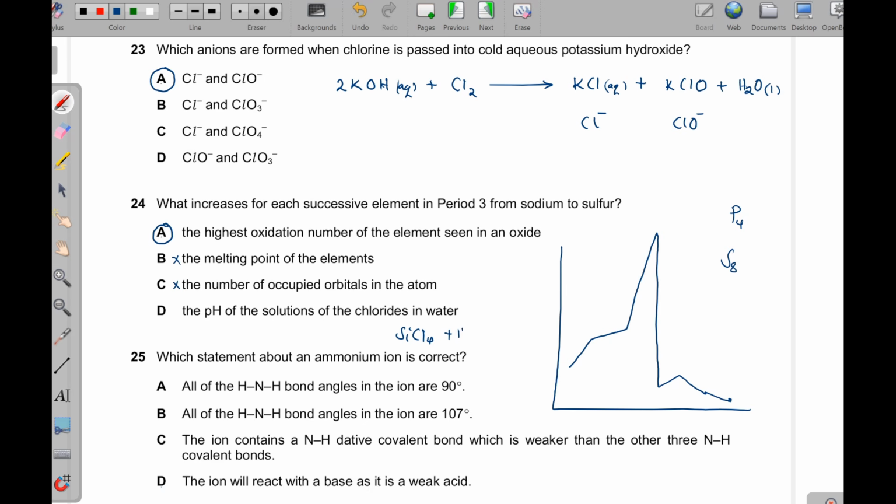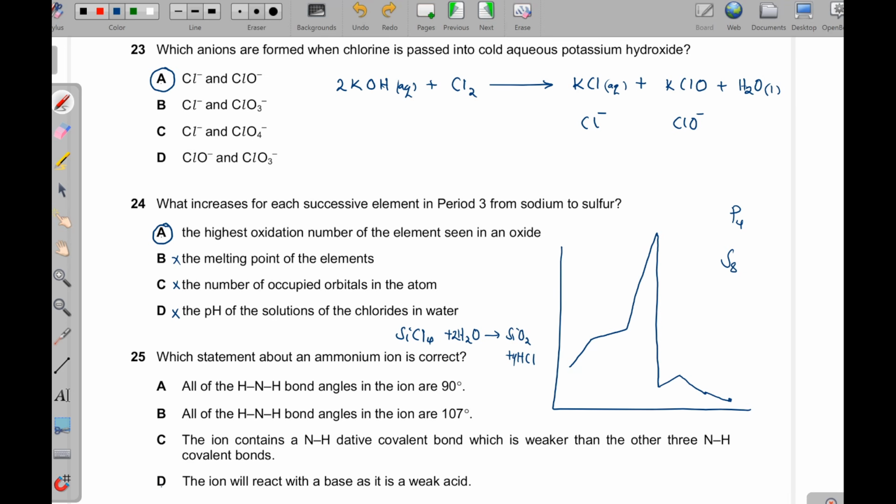When you add it to water, you get silicon dioxide plus HCl. You see that? This HCl is an acid, so the pH has to be reducing because of the acid that is produced. So this one is hydrolyzed. Therefore, our answer has to be A.